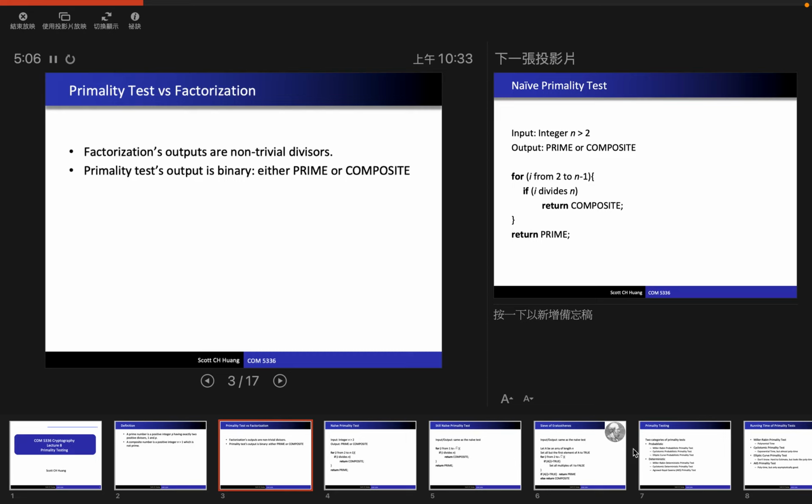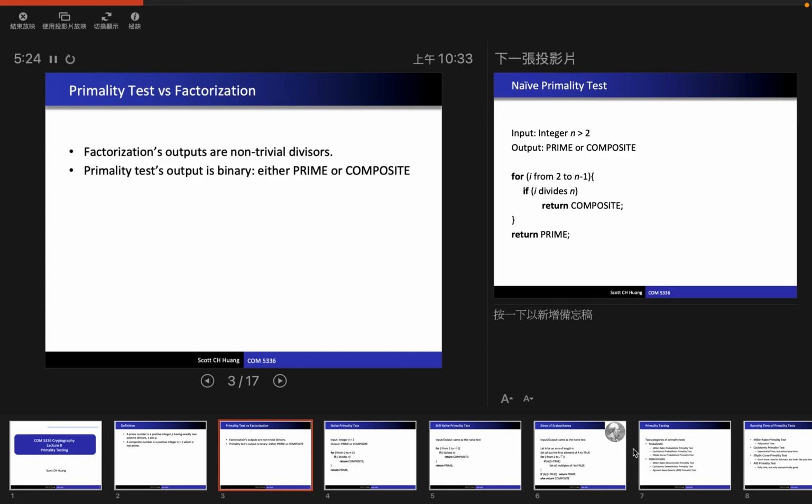But to determine that a number is prime is much harder, because you have to go through 2, 3, 4 and so on, until somewhere in the middle. That's a lot harder.